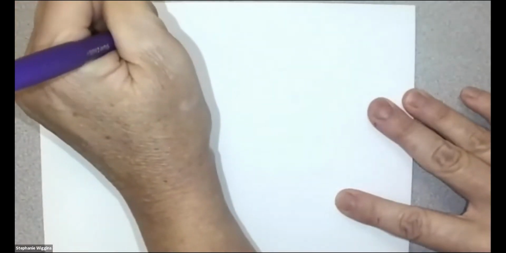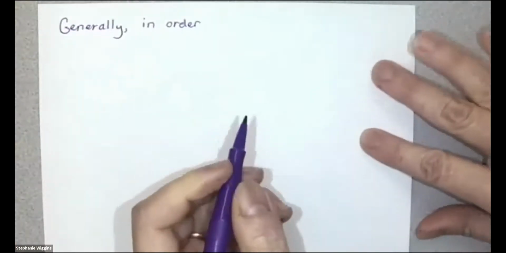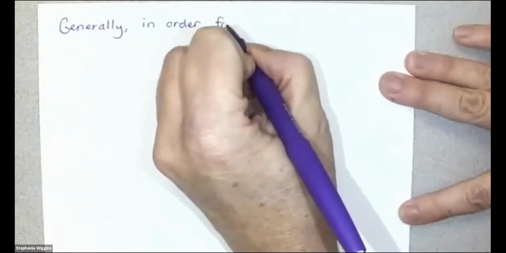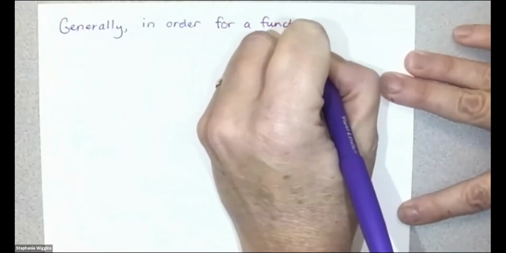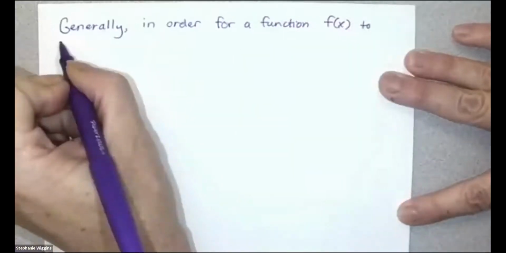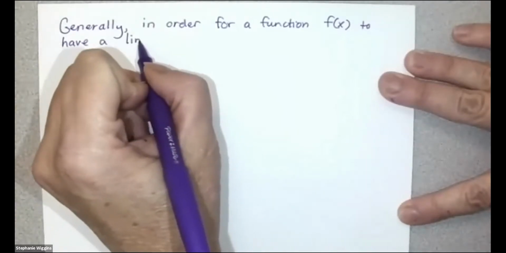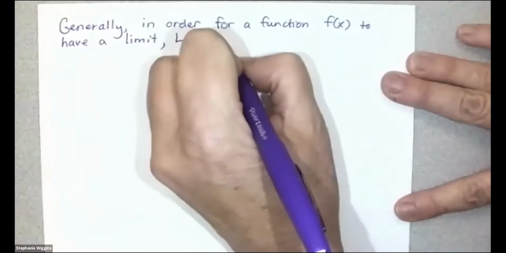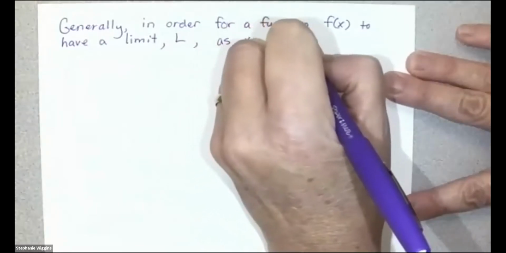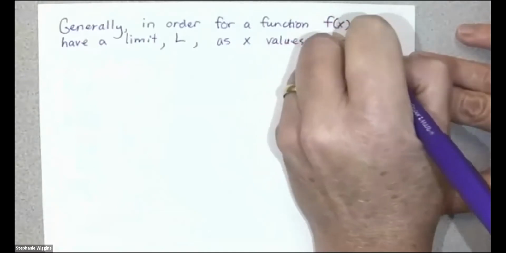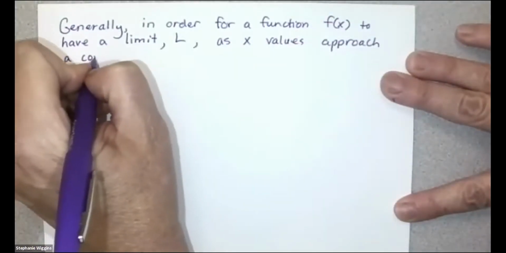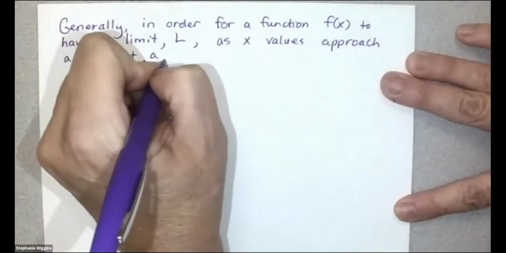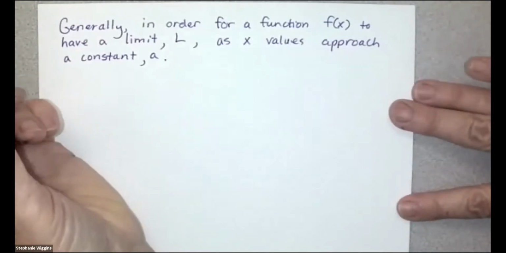So in general, in order for a function f of x to have a limit L as x values approach a constant a, the left-hand limit and the right-hand limit must be equal.